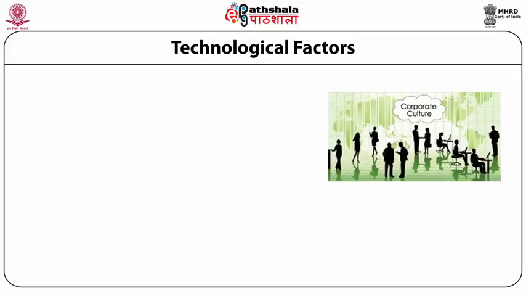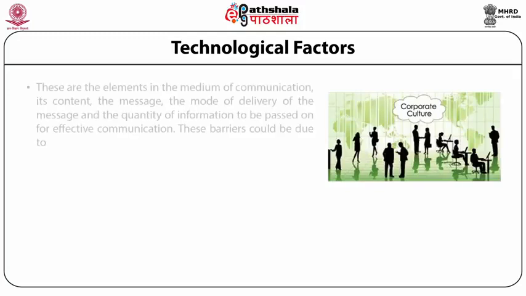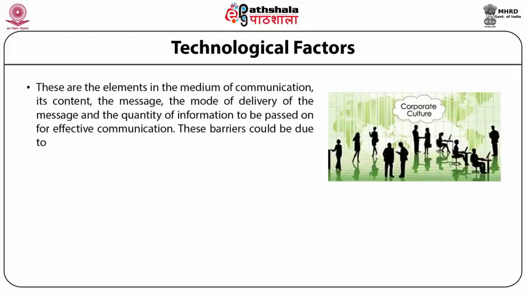The technological factors. Now, these are the elements in the medium of communication: its content, the message, the mode of delivery of the message, and the quantity of information to be passed on for effective communication.